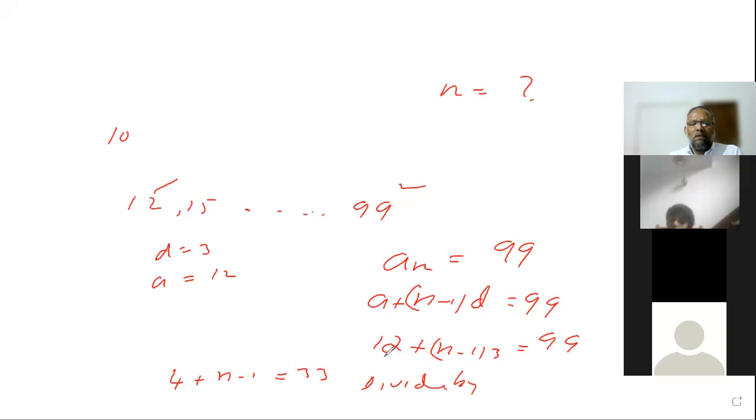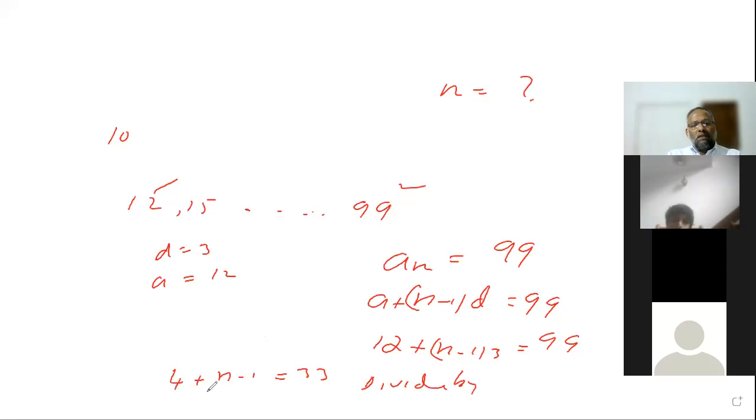It is divisible by 3. So you got the answer now. That is why I told you to play with the equation. Make n minus 1 the subject of the formula.